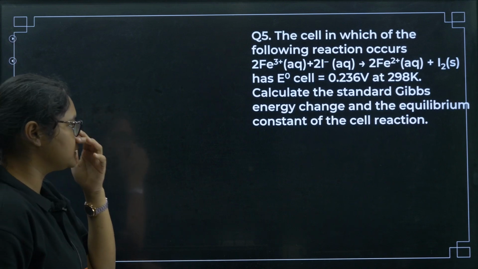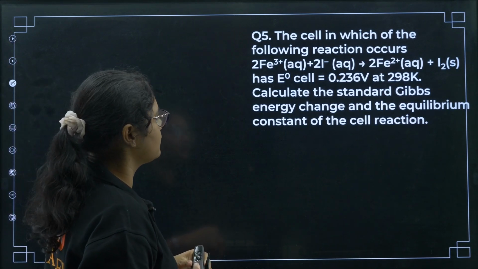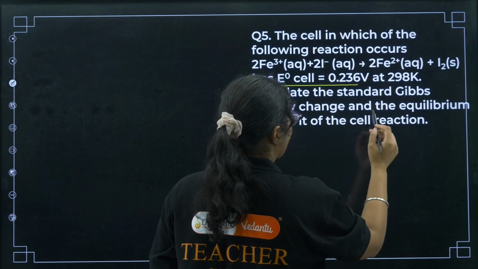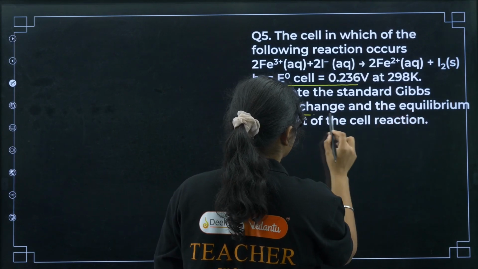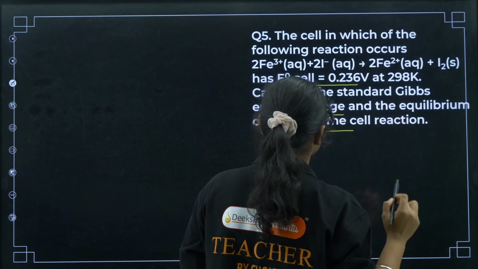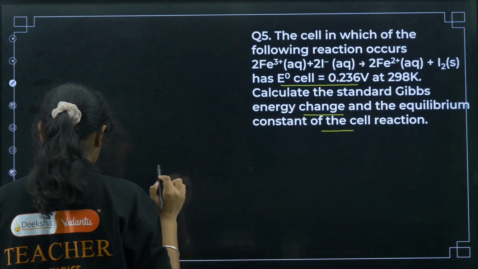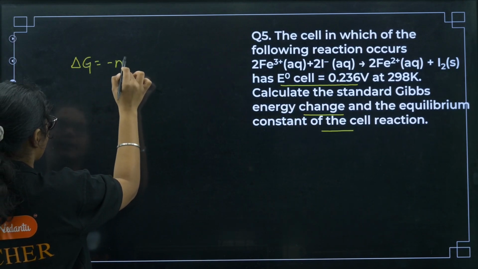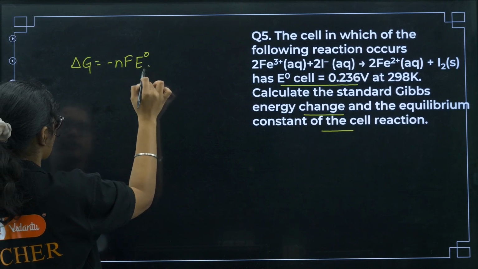Coming to the next question, the cell in which the following reaction occurs is given, and the E naught value is given to you. Calculate the standard Gibbs free energy change and the equilibrium constant of the reaction. This was also a very important question. We know delta G is equal to minus nF E naught of the cell.